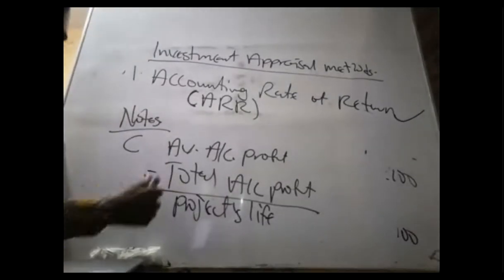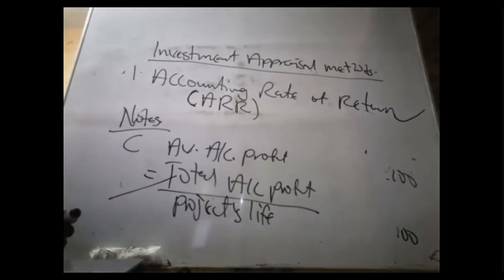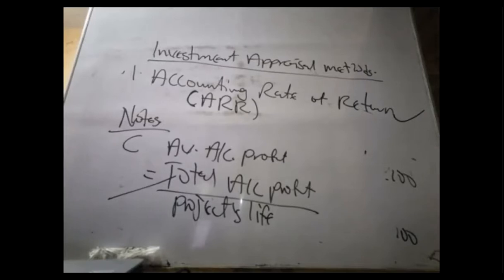Now, the accounting profit, please, we want the controllable profit. Take note of the accounting profit. Controllable profit means the operating profit. It must be after depreciation. So take note, the profit must be after depreciation, but it must be the operating profit.